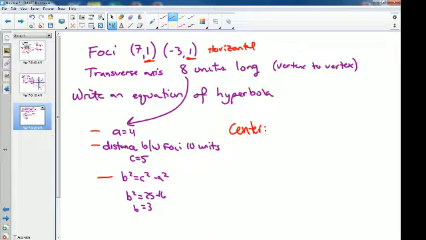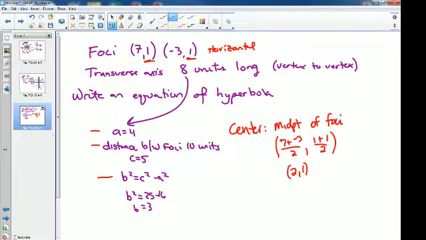Center is the midpoint of the foci. So you can use the midpoint formula. 7 plus -3 over 2, 1 plus 1 over 2, right? 2, 1.